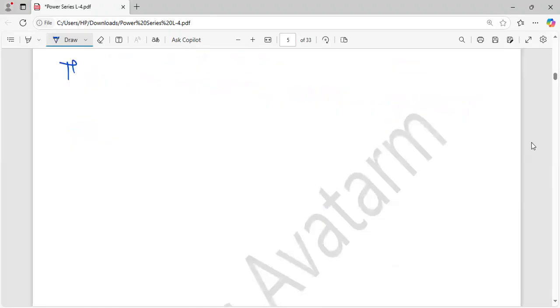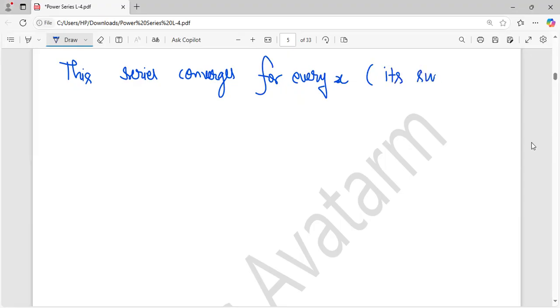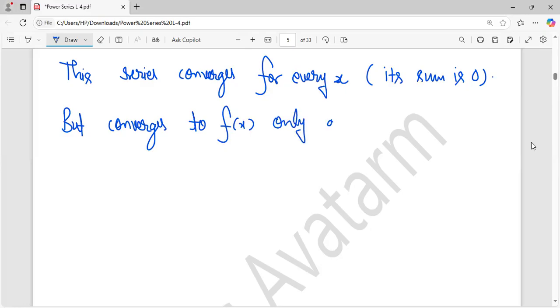This series converges for every x. Its sum is 0. But it converges to f(x) only at x equal to 0.